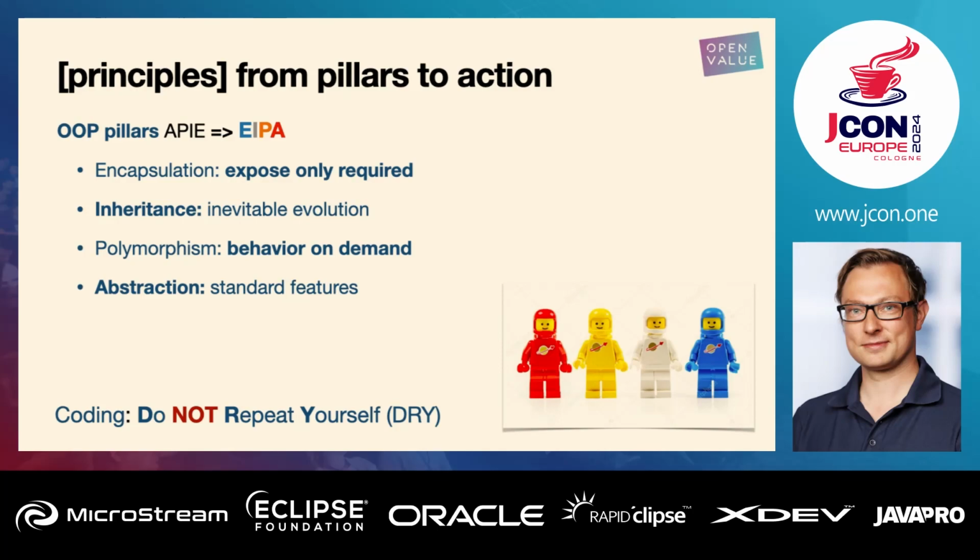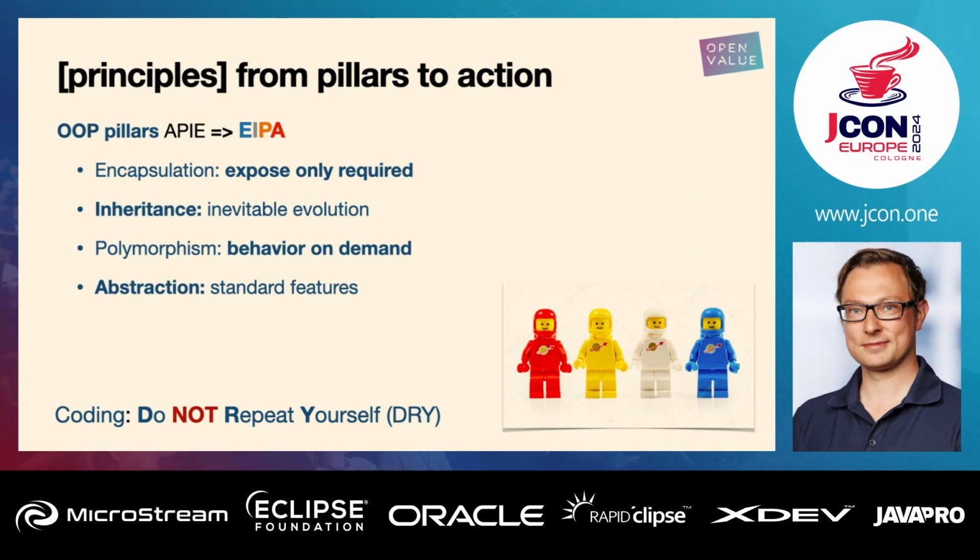Then we can inherit it, we can evolve our idea. Then we can find out that we actually need to override some implementation, the polymorphism, and when we are here, right now, it's a great time to start to generalize, to make the abstraction.